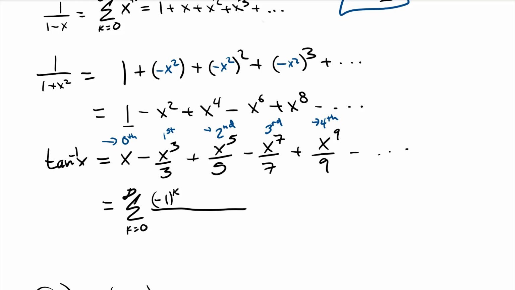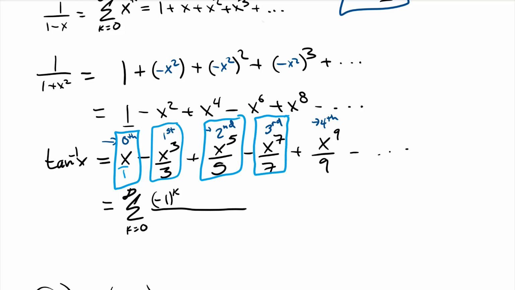Now, what's going on down below? On the 0th term, we had a denominator of 1. On the first term, a denominator of 3. On the second term, 5. On the third term, 7. And on the fourth term, 9. How could we do this? Well, that's 2k plus 1. To create odd numbers, it's either 2k plus 1 or 2k minus 1.